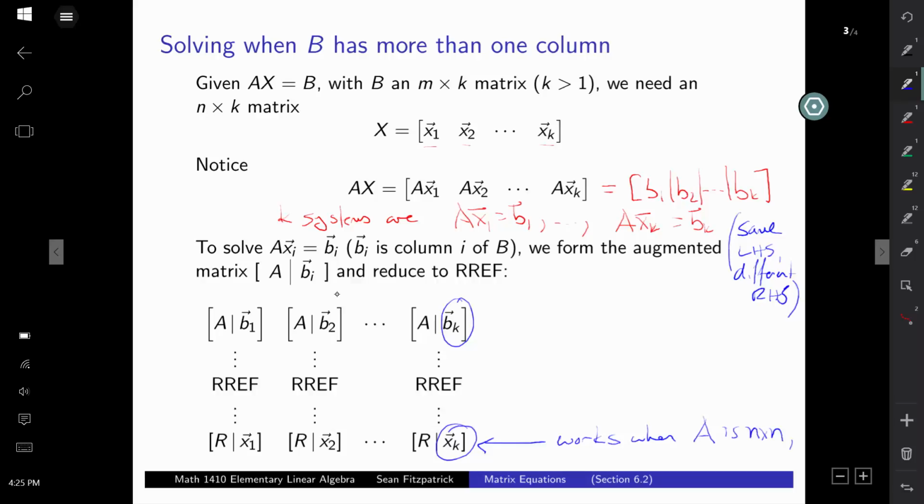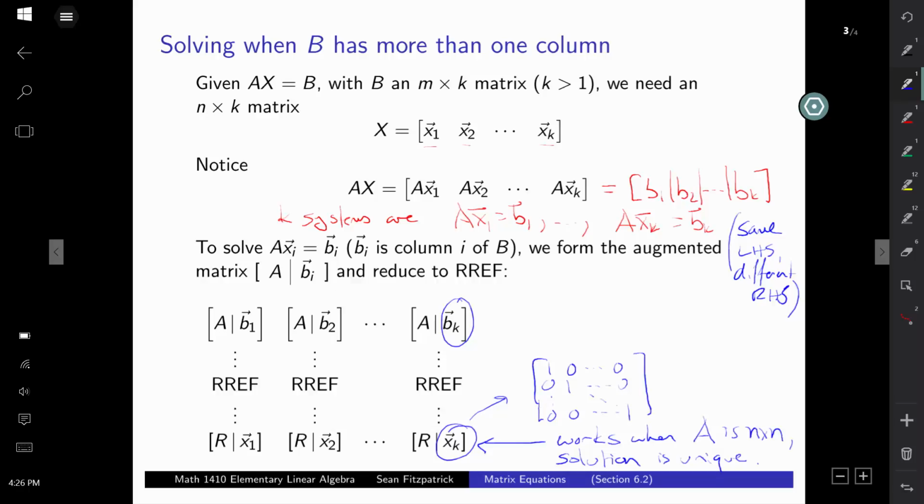And so if A is an n by n matrix, and if the solution is unique, we know that's exactly what we get in the reduced echelon form. It's going to look like this: 1, and then zeros, and then 0, 1, 0, and so on, 0, 0, 1.